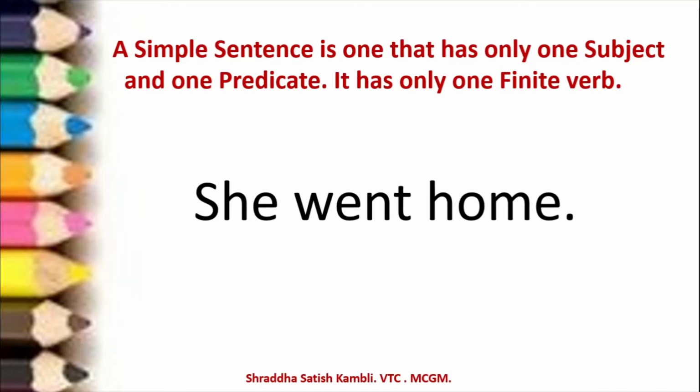Let us try to analyze it now and let us see whether it is up to the mark. That is, does it complete all the conditions of a simple sentence? So here, she is the subject. So it has got only one subject. So she is the only subject.